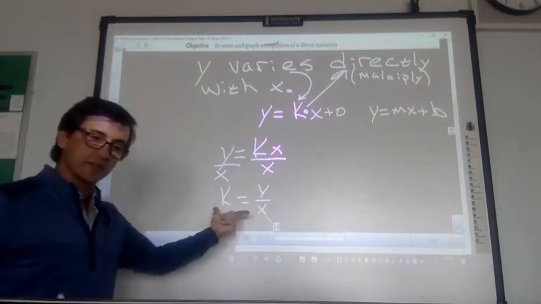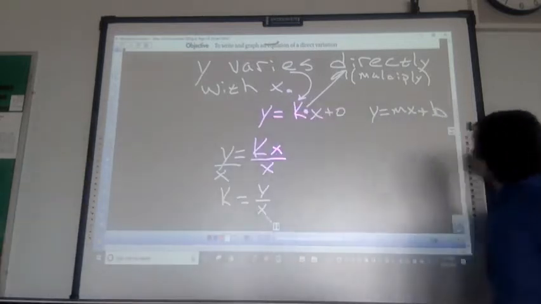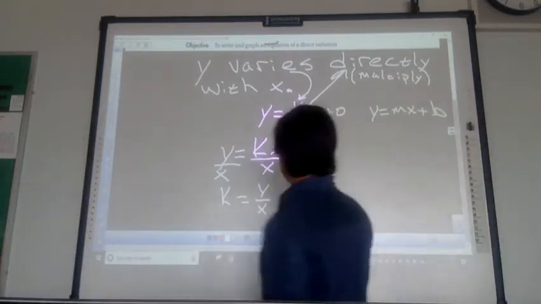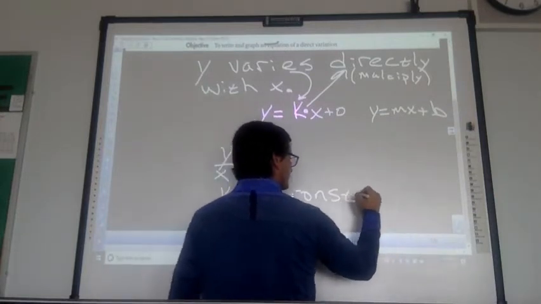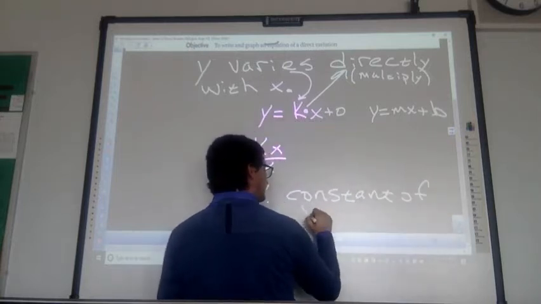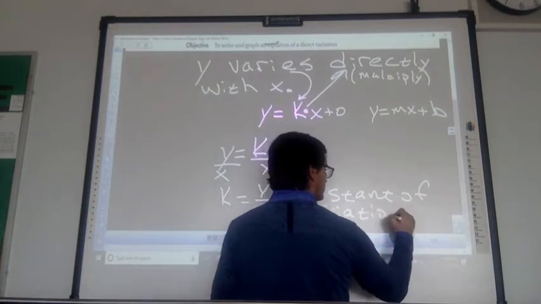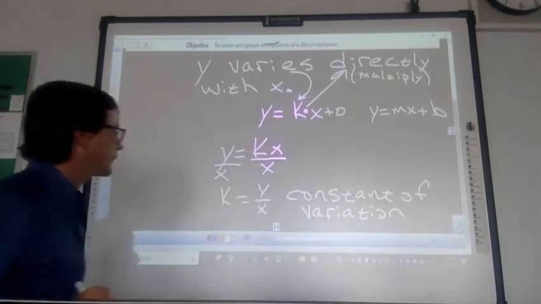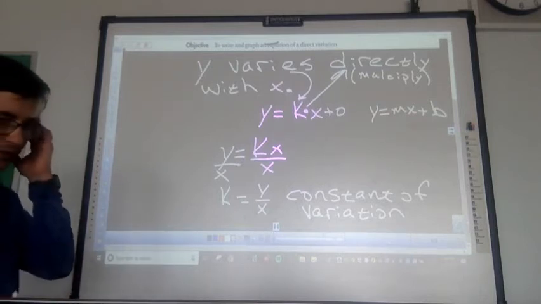Another name for this, which you'll see all the time in this section, is the constant of variation. So k equals y over x is the constant of variation.